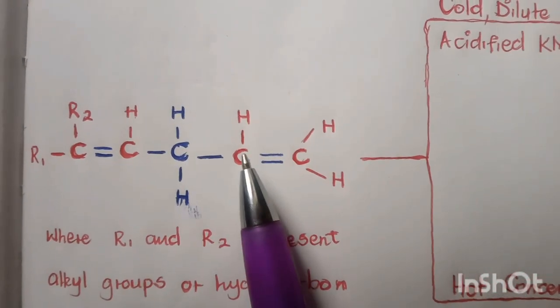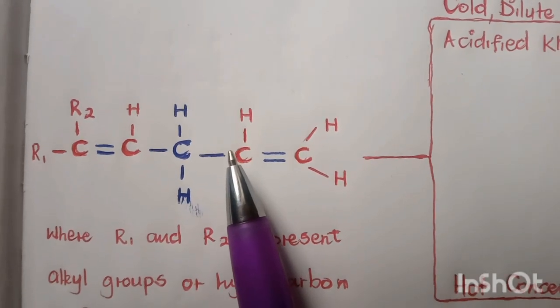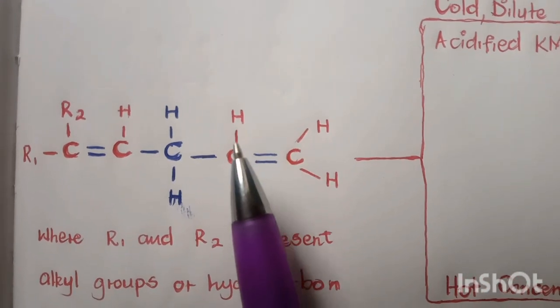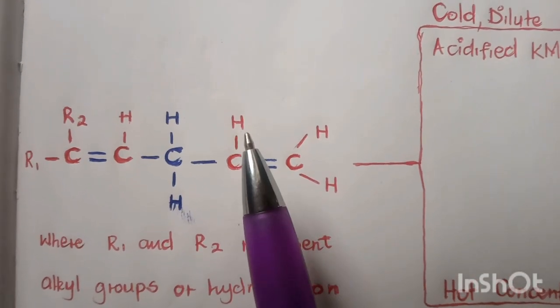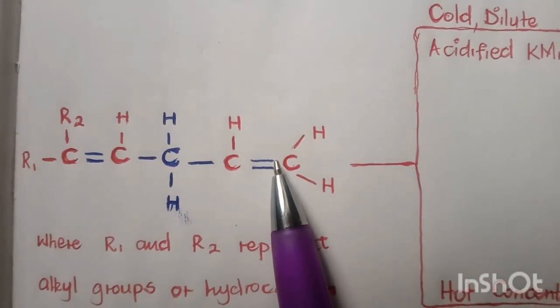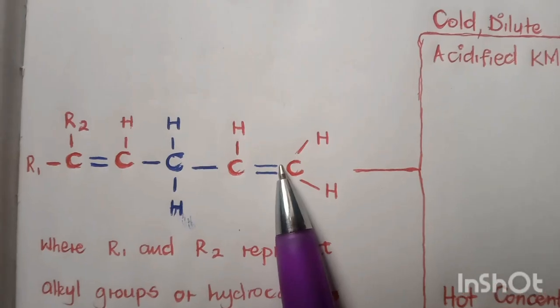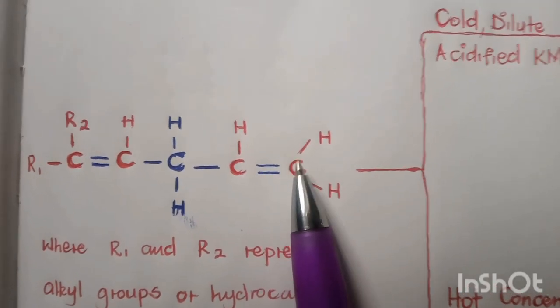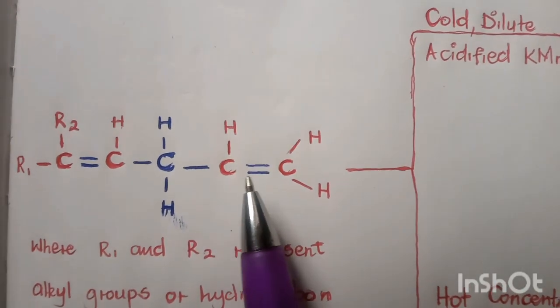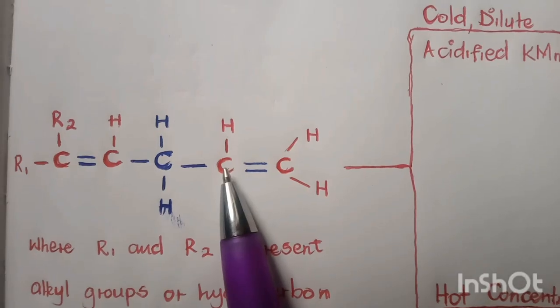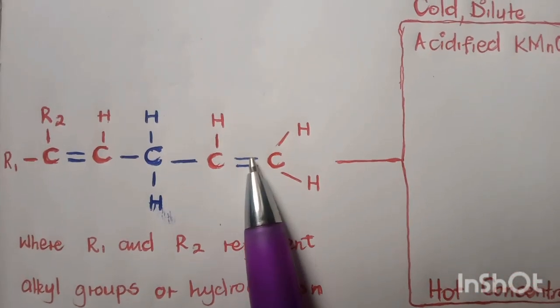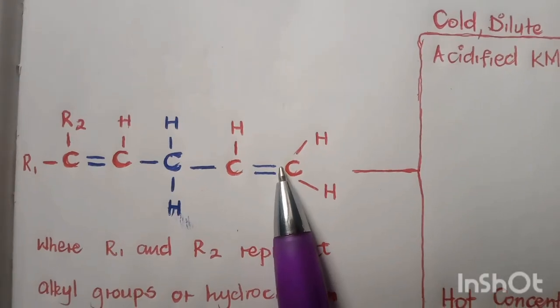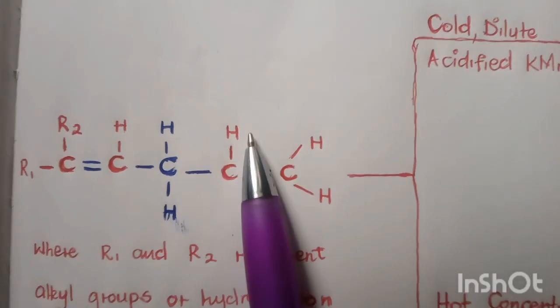When such a carbon atom is oxidized, it will give first an aldehyde, where we are going to add an oxygen atom here, such that this will be an H. This carbon atom will then be bonded to a hydrogen atom and also doubly bonded to an oxygen atom, and this will give an aldehyde.